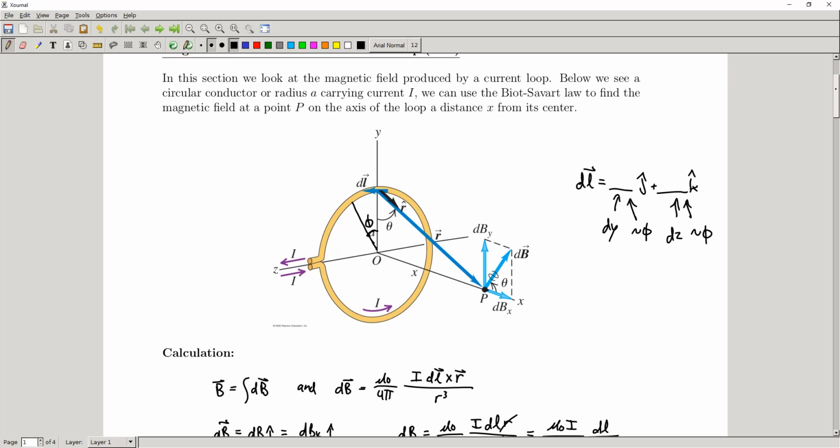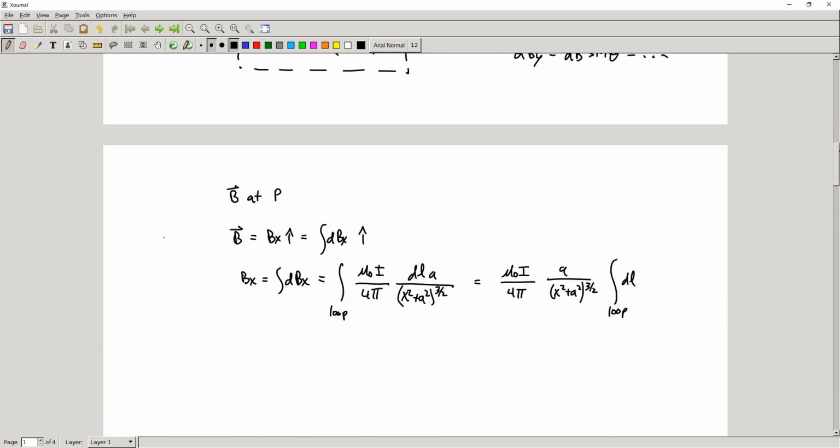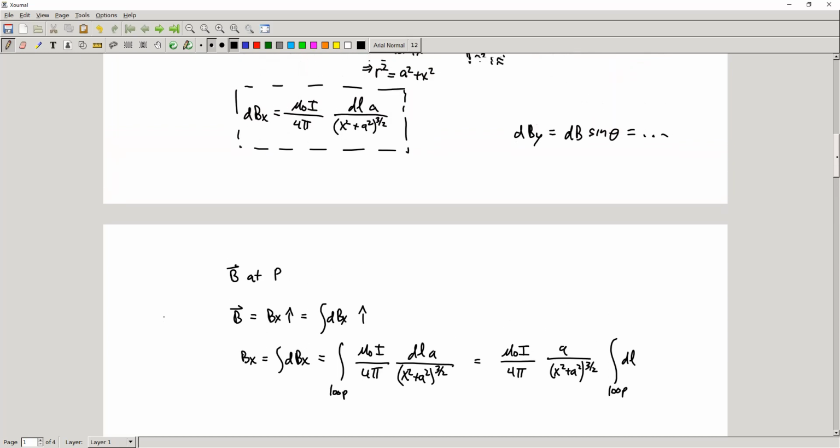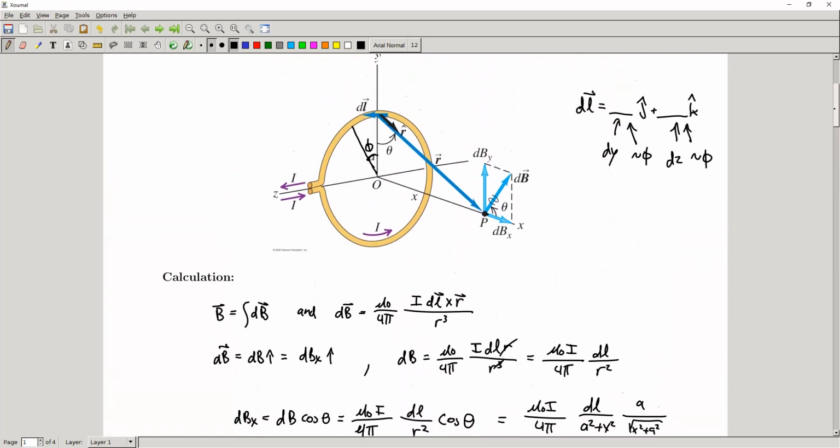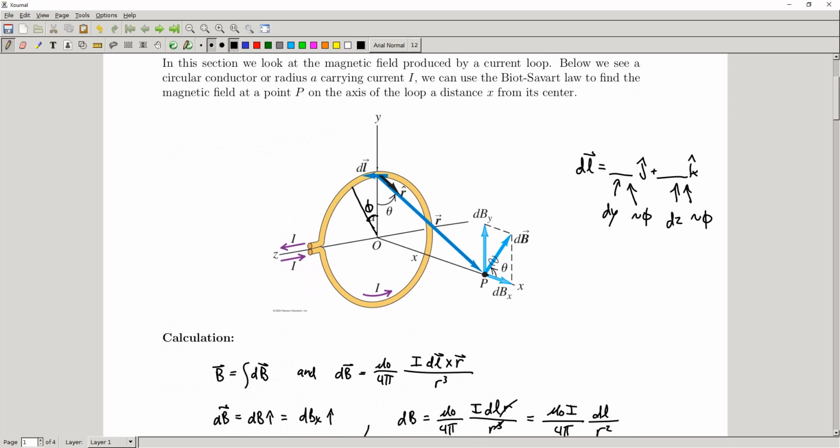But what does this really mean? What does it mean to do an integral over this loop of dl, right? Well, what that means is that we're going around the loop, adding up all these tiny dl's, all these tiny little segments of length, another one, all the way around. We're adding all these up until we make it all the way back around the circle.